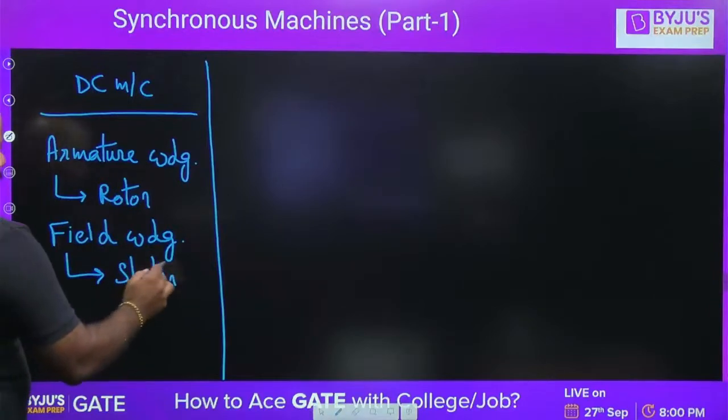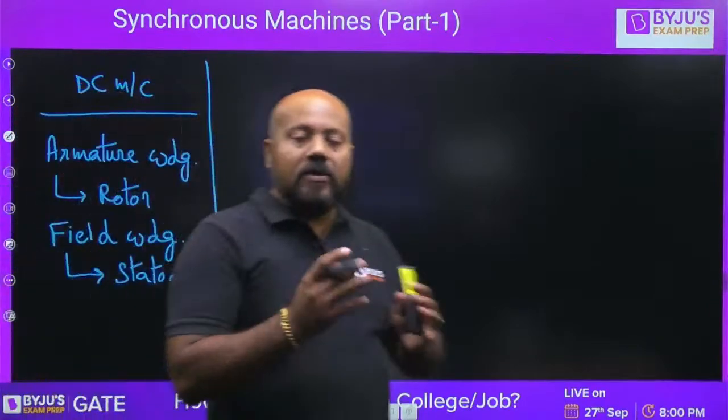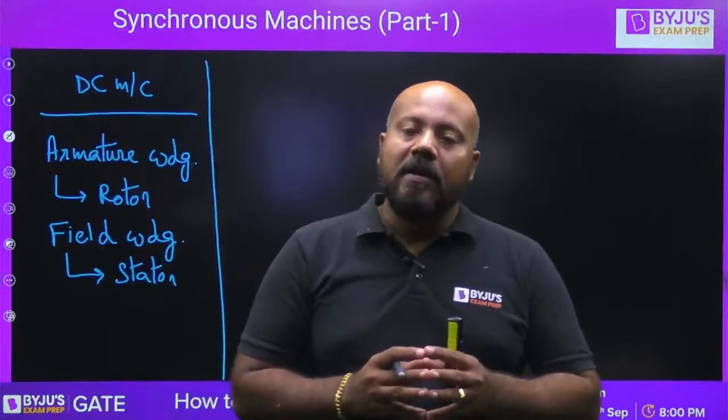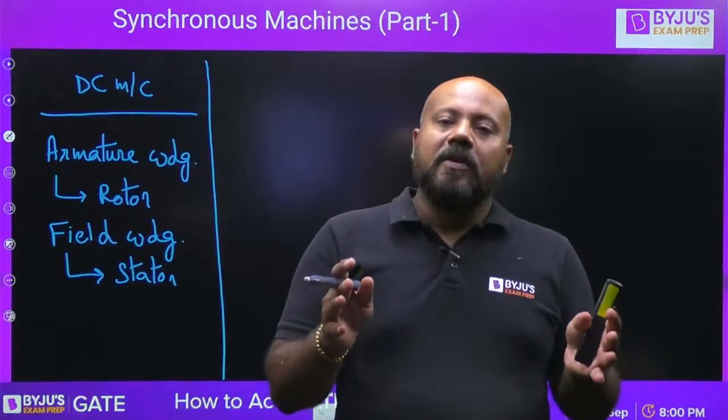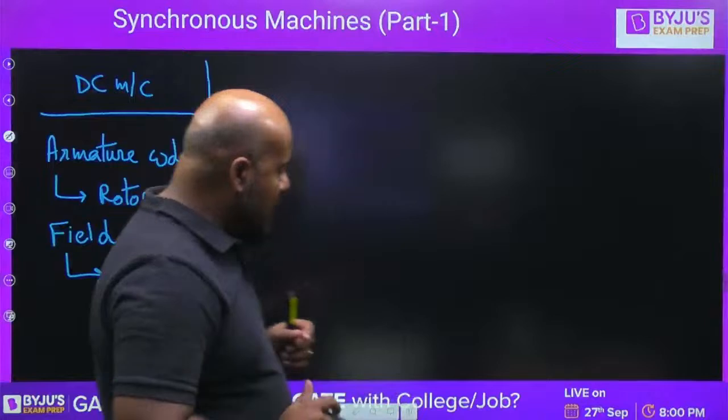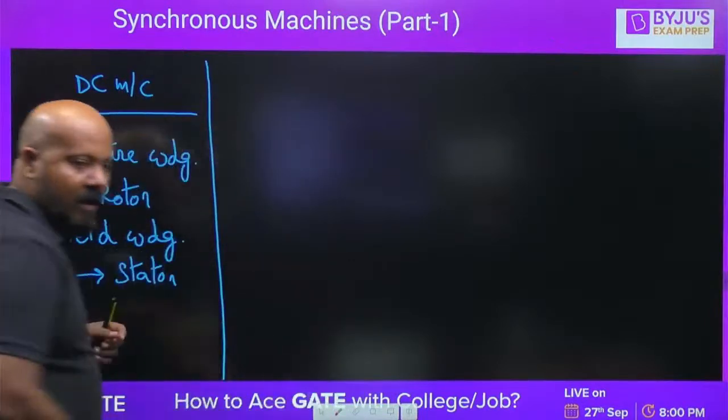This is fixed. Why is it so for DC machines? Because commutation is possible only with the rotating armature.